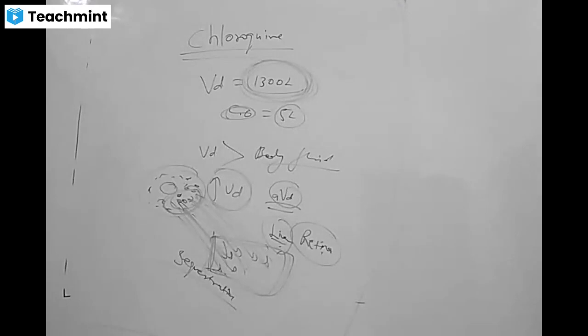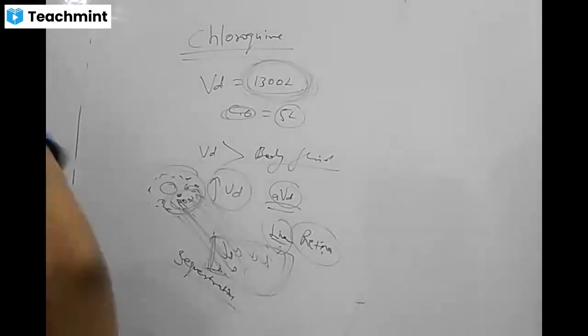Then clinical importance, significance, plasma protein, bioavailability. Okay, so the pharmacokinetic portion is over.